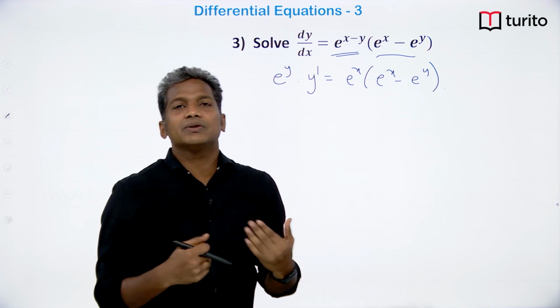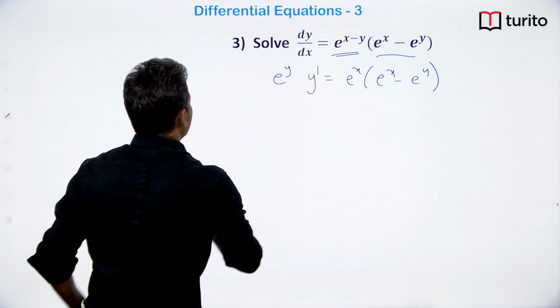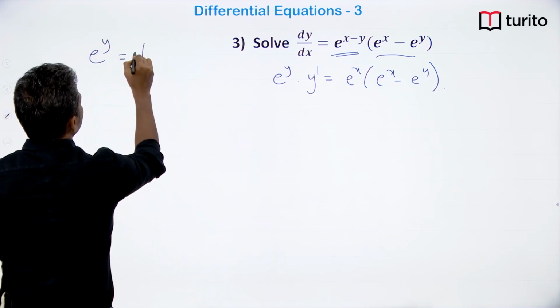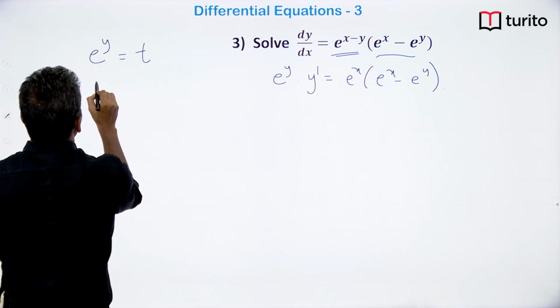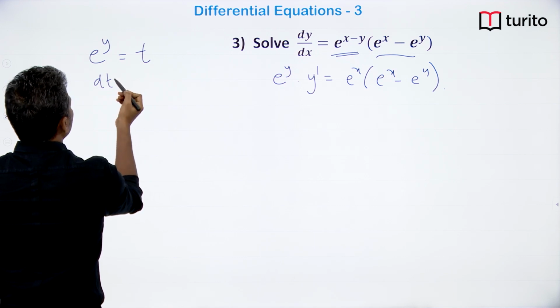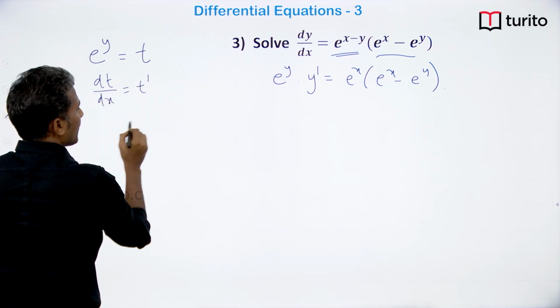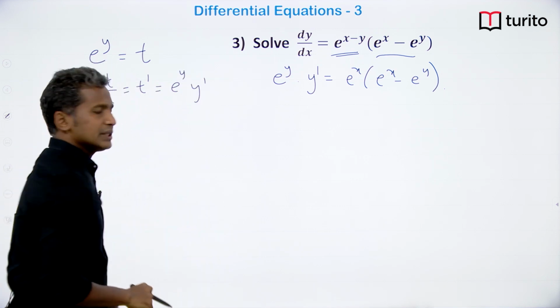So we get ideas only after a little hits and trials. Okay. So here my assumption is e power y equal to some new variable, let us say t. So that means dt by dx, which is also the same as t dash, will be equal to e power y into y dash.